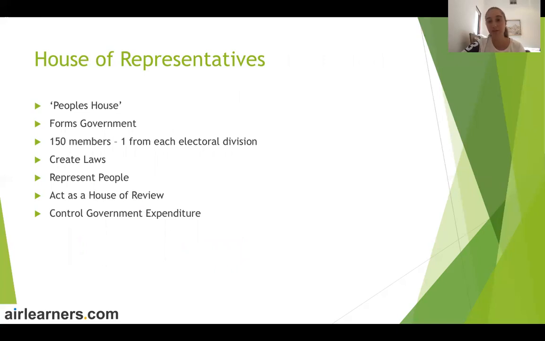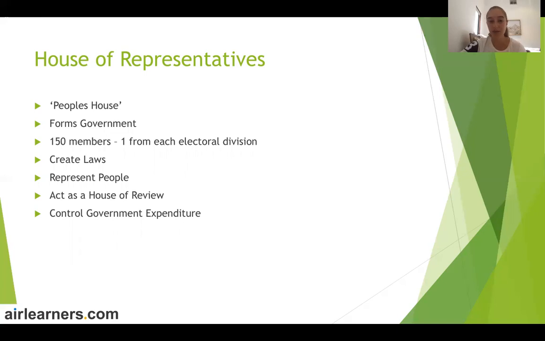It's also known as the People's House because the party with the majority of seats in the House of Reps forms government. So if the majority of seats are held by the Labor Party, then the Labor Party will become government and the leader of that party will become the Prime Minister.